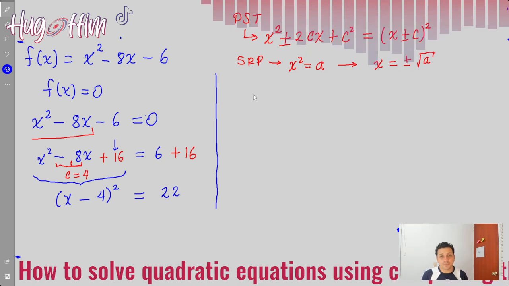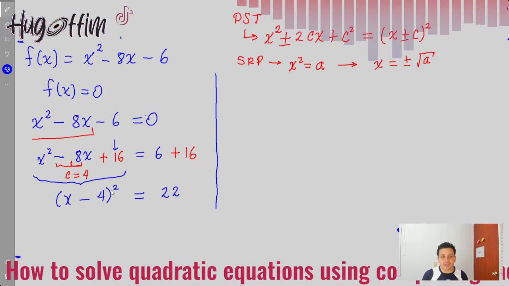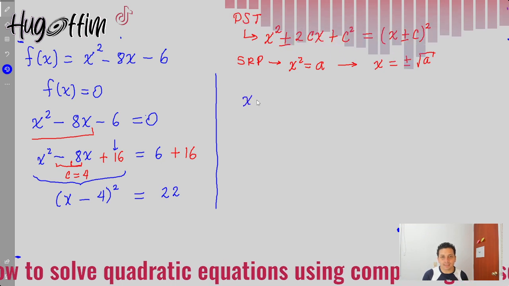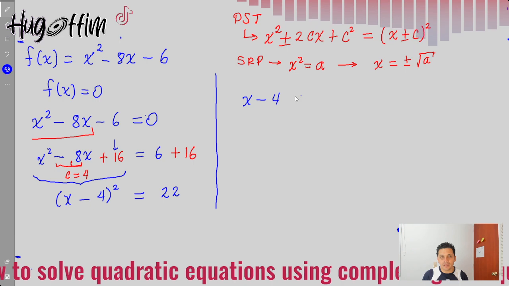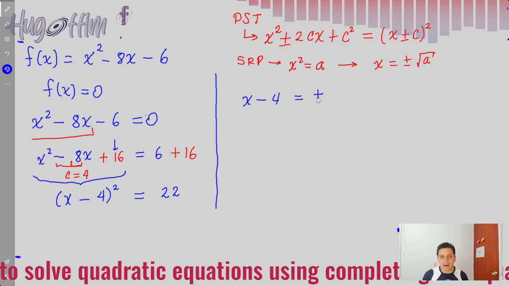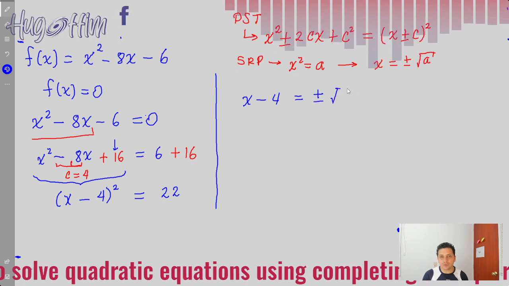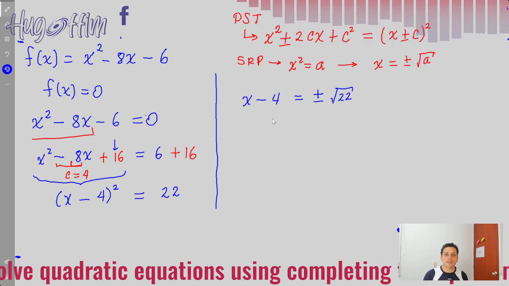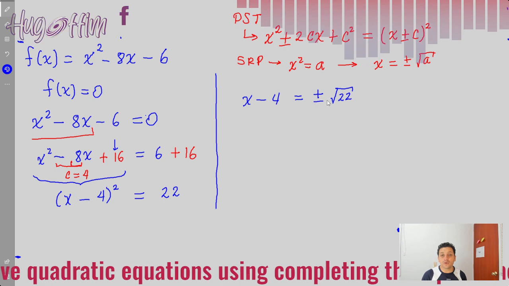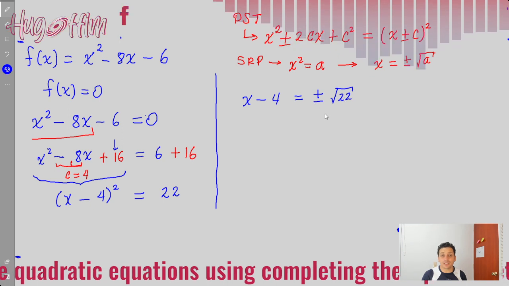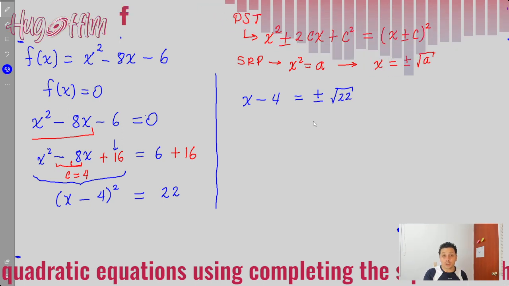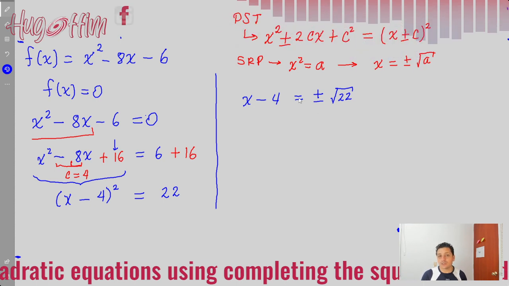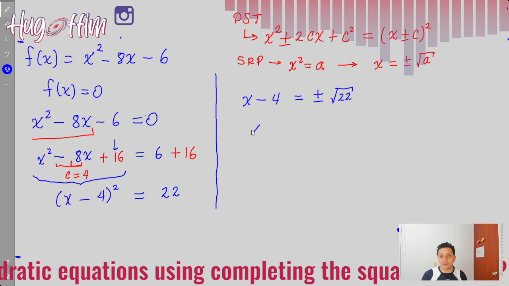Now let's go. I'm going to apply the square root property here. This is a square, so if I apply the square root property, I get that x minus 4 is going to be either the positive or the negative square root of 22. Now that I have that x minus 4 is positive or negative square root of 22, I just need to simplify this equation for x, and to do that I just need to add 4.